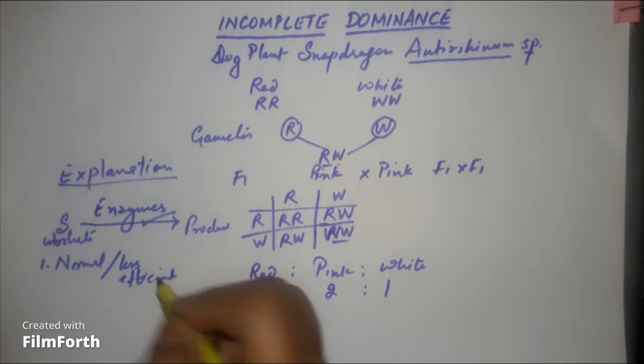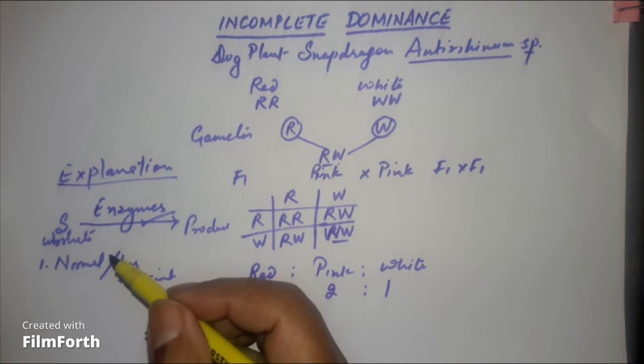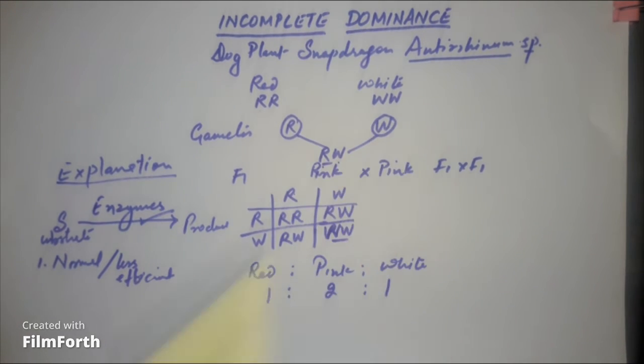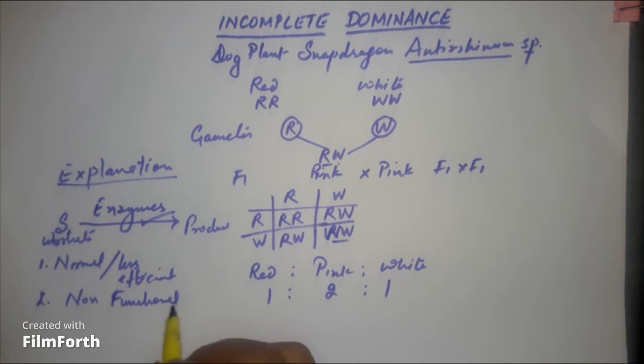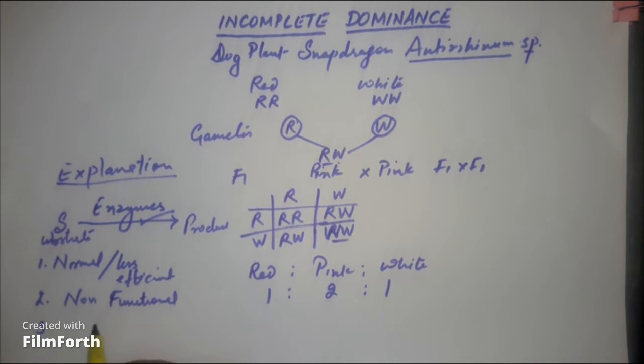Means if enzyme is produced but its efficiency has decreased, then color is not being produced. Second, the enzyme is not at all functional, non-functional. So if the enzyme is not working, this situation can be there. And third, enzyme is not at all produced, no enzyme at all.